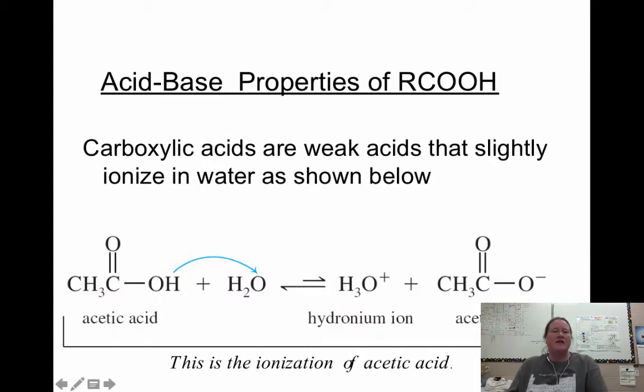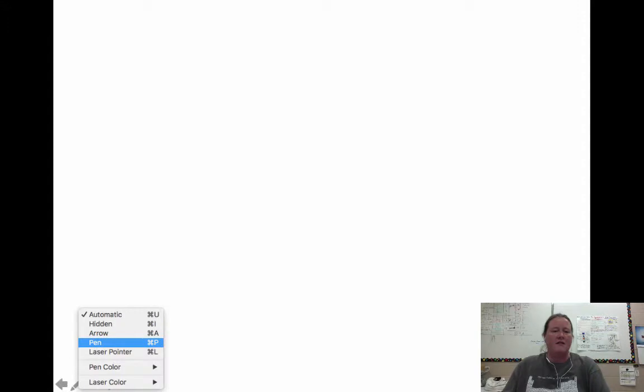So the next thing I want to talk about are the acid-base properties of a carboxylic acid. But before I do that, I want to just review the acidic properties of an acid, as you may have learned in general chemistry. So I will take hydrochloric acid here.